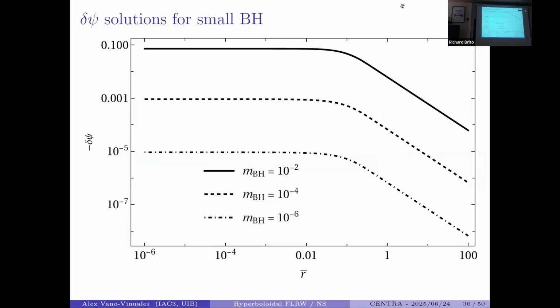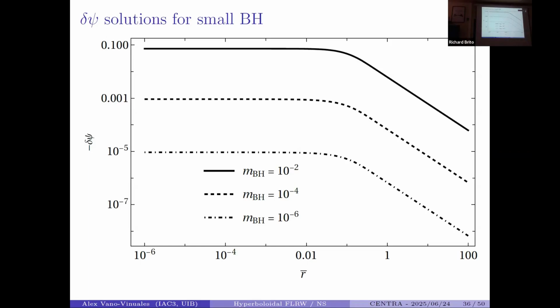And if now you want to look at the solutions, and these are small, I'm just choosing small values of the mass of the black hole. The mass of the neutron star is considered at least an order of magnitude larger. And I was choosing small values because that was the standard considered in the paper by Richards that I mentioned.